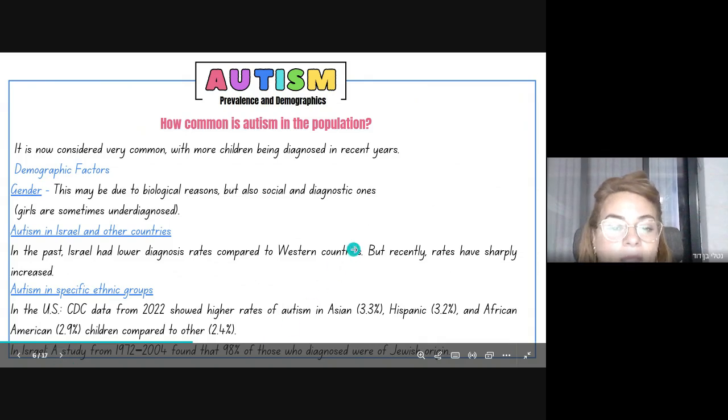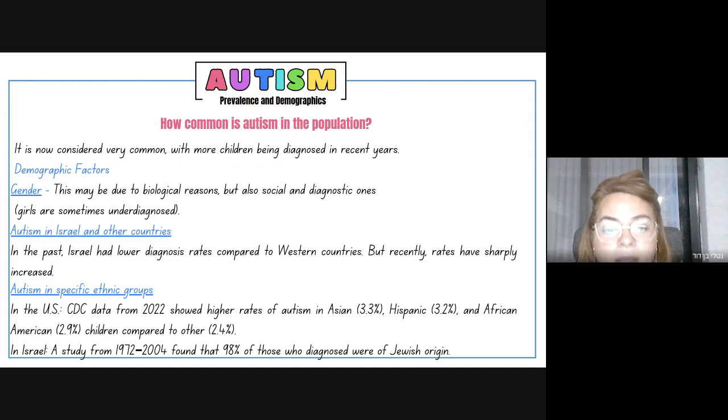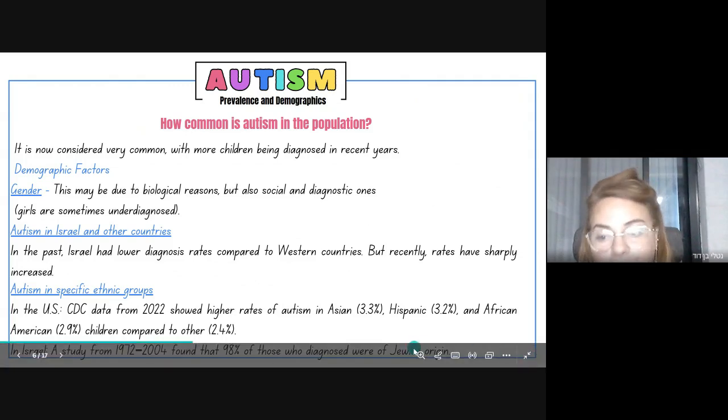About autism in specific ethnic groups: in the USA, CDC data from 2022 showed higher rates of autism in Asian, Hispanic, and African American children compared to others. In Israel, a study found that 98% of those who were diagnosed were of Jewish origin.